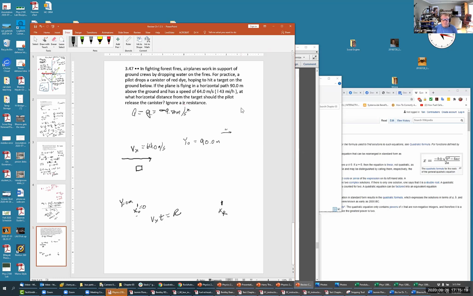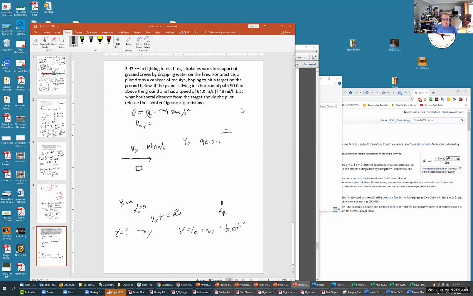So first we need t. t comes from y: y equals y sub 0 plus v sub 0 y times t plus 1/2 a t squared. We infer that v sub 0 y is 0.00 meters per second because it said dropped.